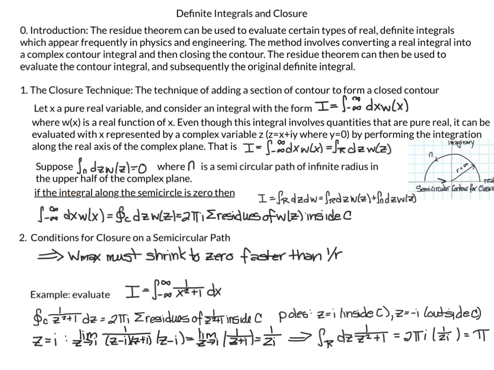If we achieve this goal, where the integral along the semicircle is 0, then our integral along the real line of w(z) will be equal to the integral along the real line plus the integral over the semicircle, since this part is equal to 0. But now we have a closed path, so we can use the residue theorem, and our answer will be 2πi times the residue of w(z) inside C.